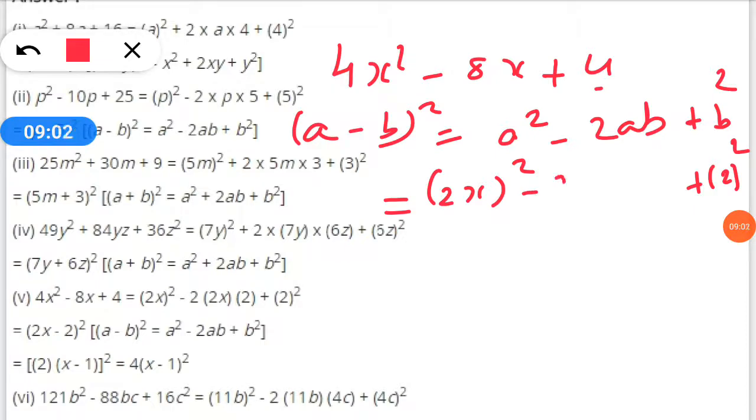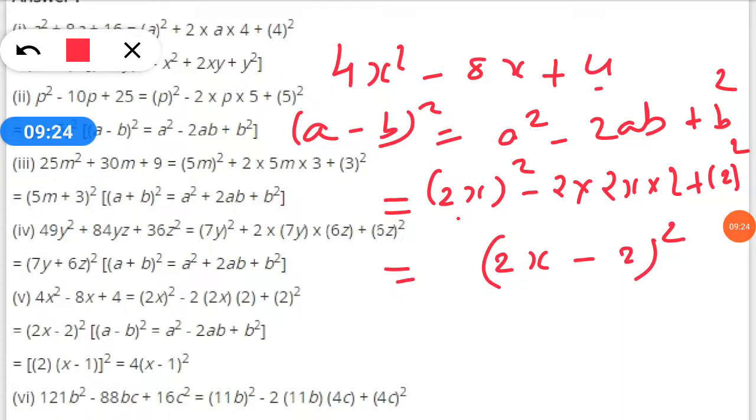Now minus 2 into, what is the value of a we are having as 2x, and the value of b as 2, isn't it? So it can be written as 2x minus 2 the whole square, isn't it?